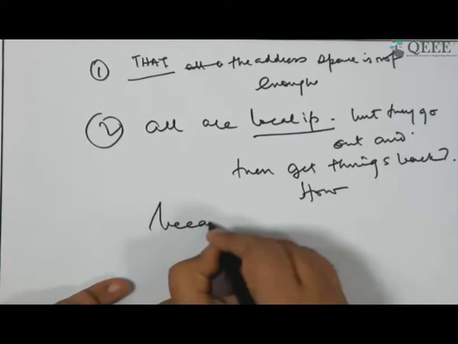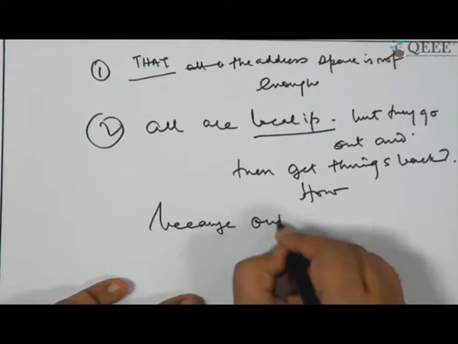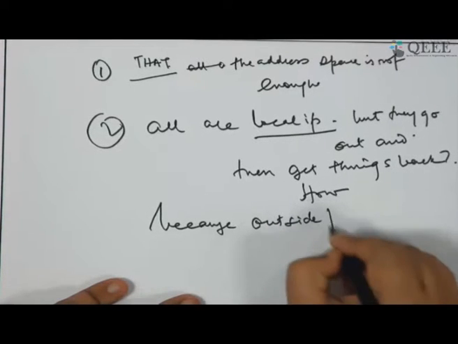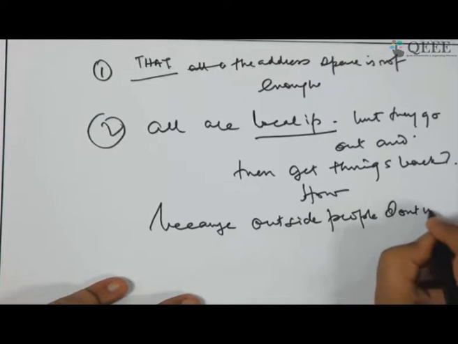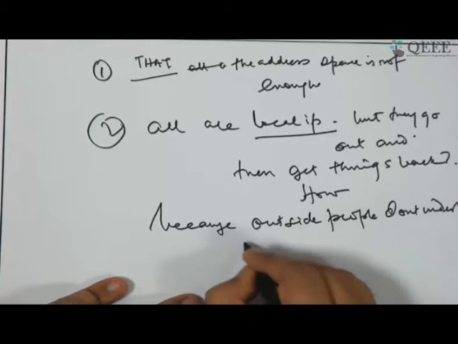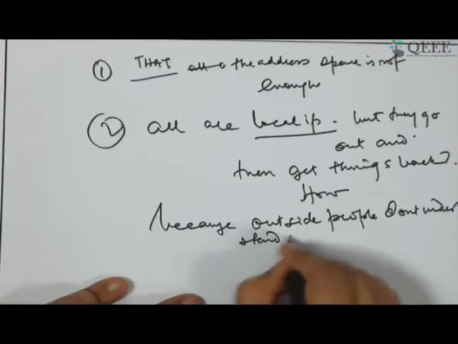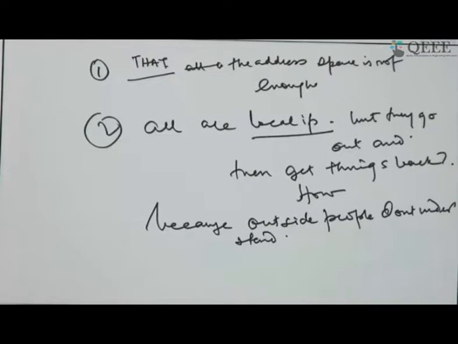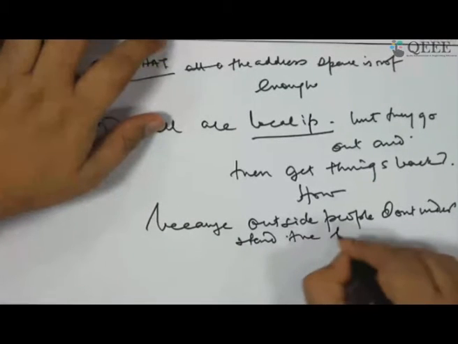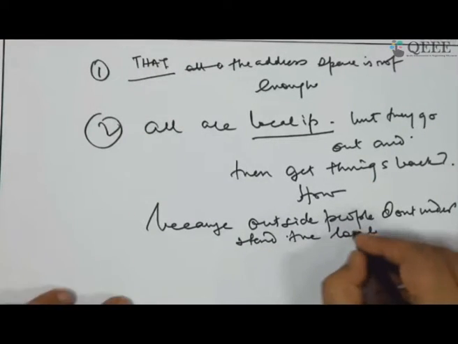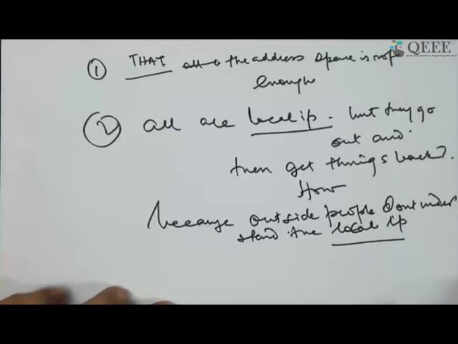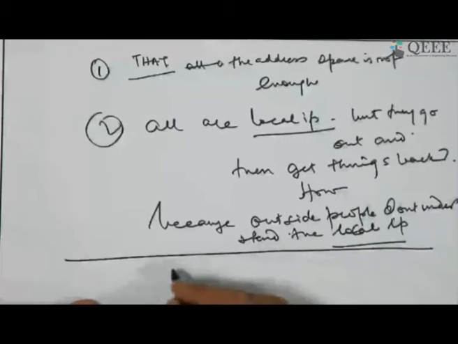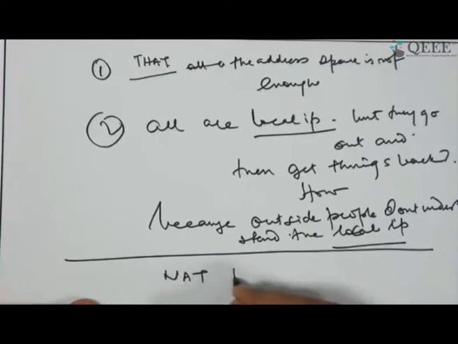Because outside people don't understand, or they don't recognize, the local IP. Then how does it work? So here there is a concept of NAT box.